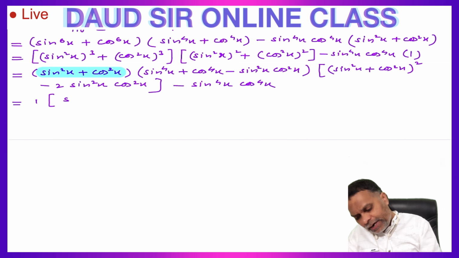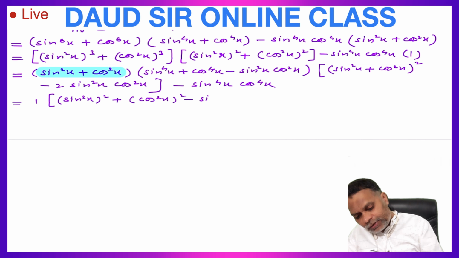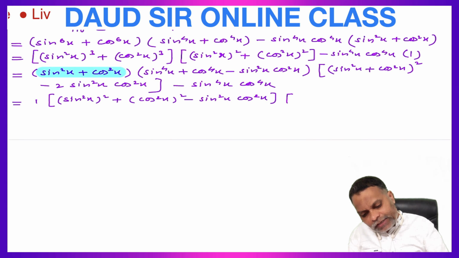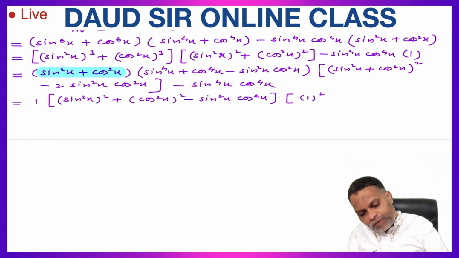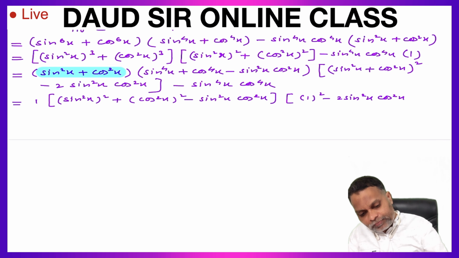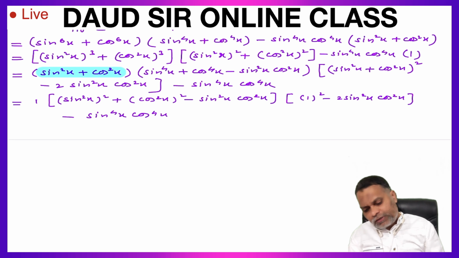This sin raised to 4, again we can write (sin square x) whole square plus (cos square x) whole square minus sin square x into cos square x. This (sin square x plus cos square x) is 1, square, minus 2 sin square x into cos square x, minus sin raised to 4x into cos raised to 4x. Simplify this further.